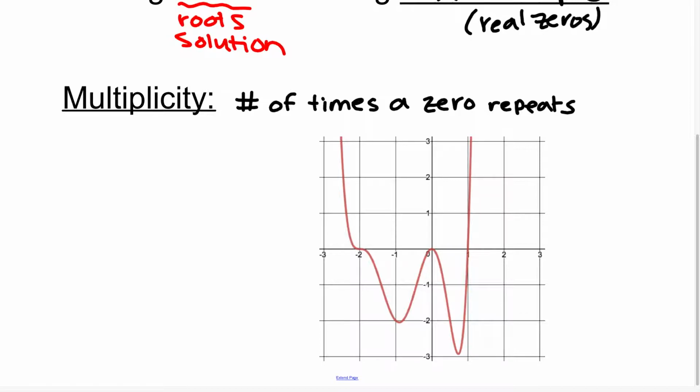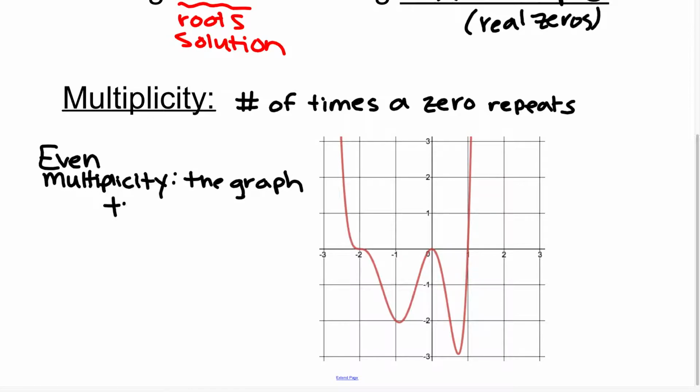We saw that with the parabola. That was when our discriminant was equal to 0. If we would have factored it, they would have had the same two factors. So we say that when you have even multiplicity, so this would be like if your zero showed up twice, or 4 times, or 6 times, or 8 times, if you have even multiplicity, the graph turns.